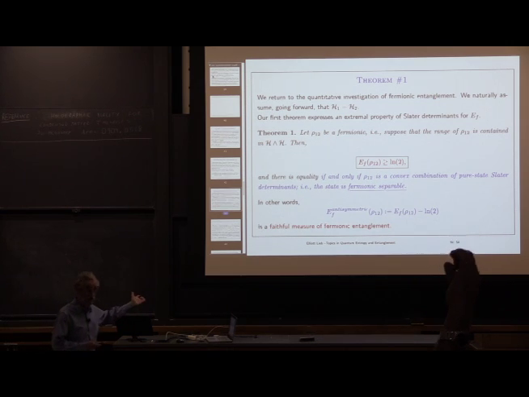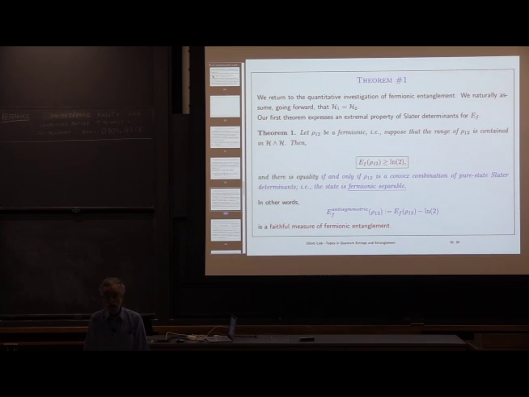There is a literature on this question, by the way. I'm not inventing it out of whole cloth. But the bottom line is that Slaters, or combinations of Slaters, minimize this entropy and this entanglement of formation and give you log 2.